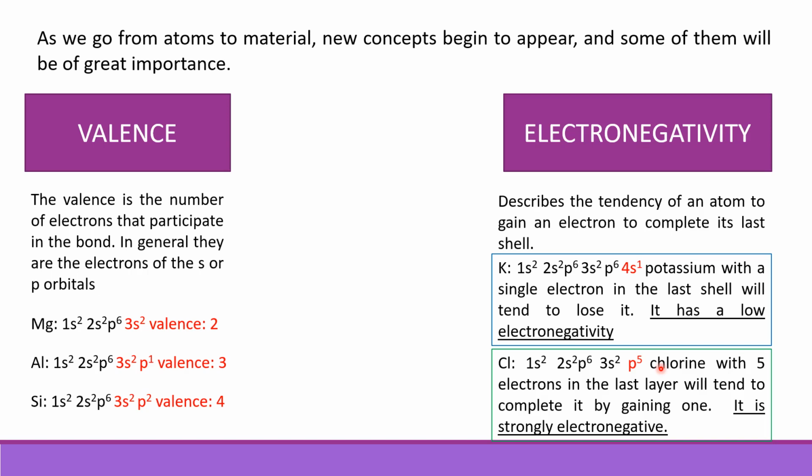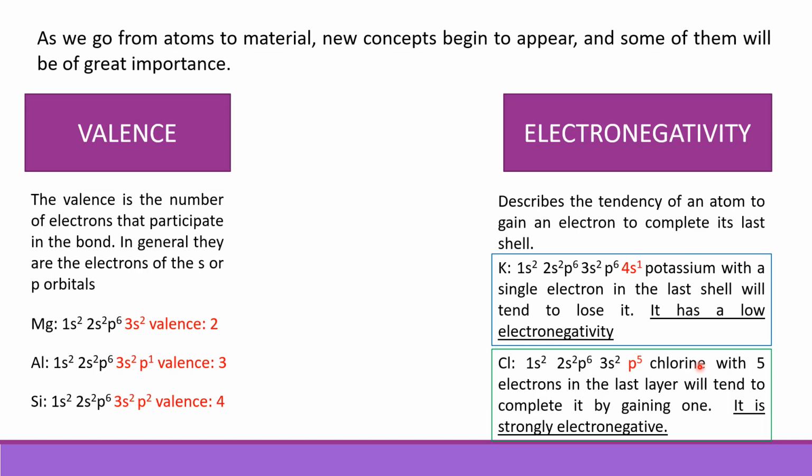For instance, potassium has 19 electrons, so 2, 8, 8, 1: 2, 10, 12, 18, 19 electrons. It has 1 electron in the outermost shell, 4s1. That is, the tendency of this atom to lose the electron is quite high.